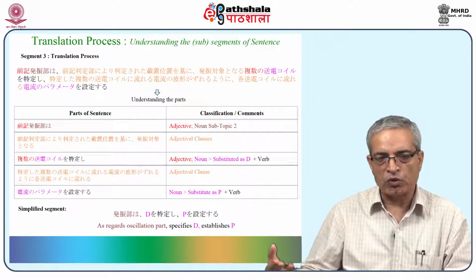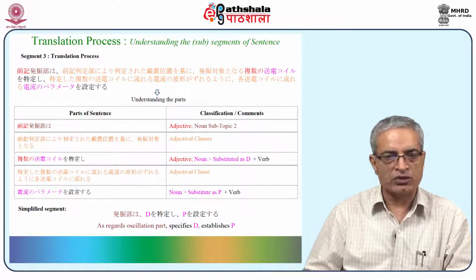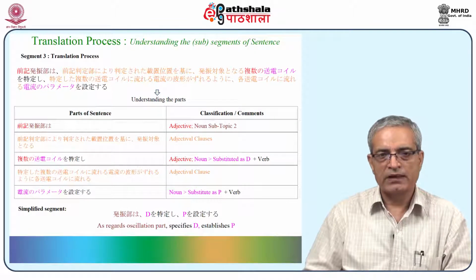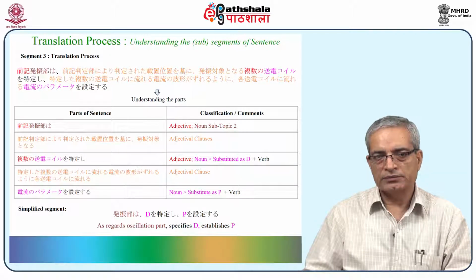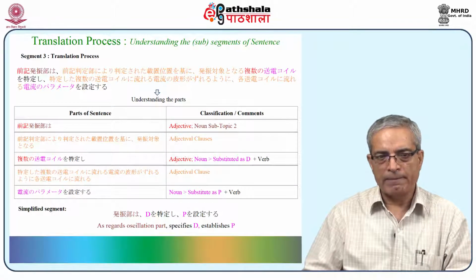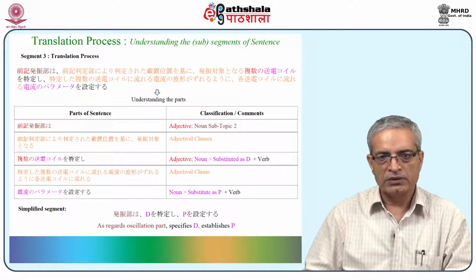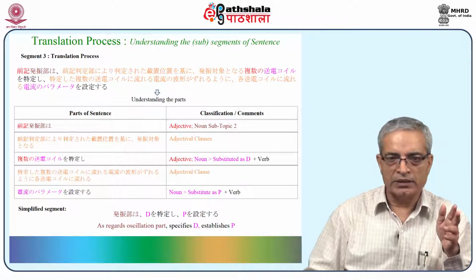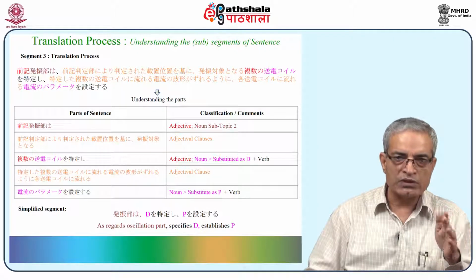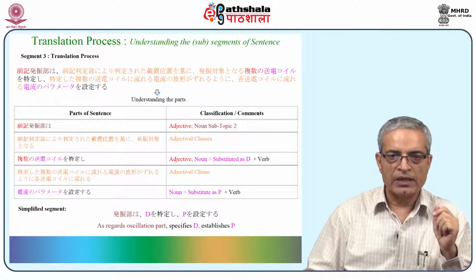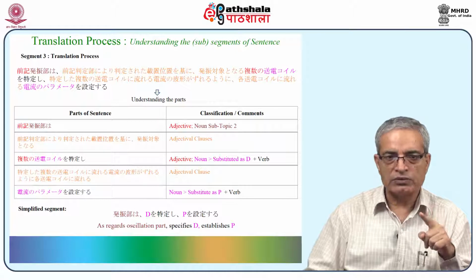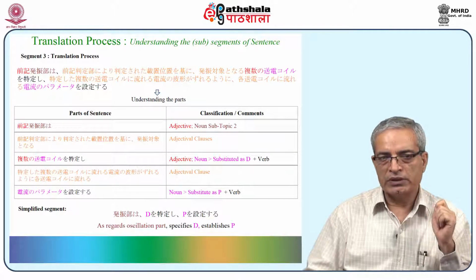So this whole thing is actually an adjectival clause, or you can say two adjectival components. The next is sono koiru hantei shi tokutei shi. So tokutei shi is again a verb preceded by a noun which is substituted as D, and then this tokutei shita fukusu no sono koiru ni nagareru.